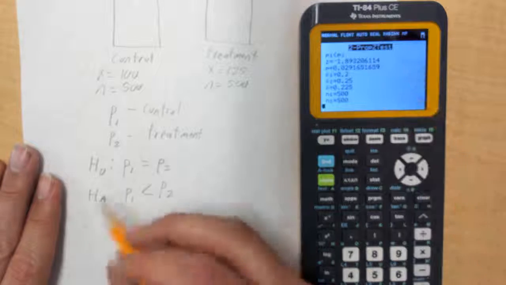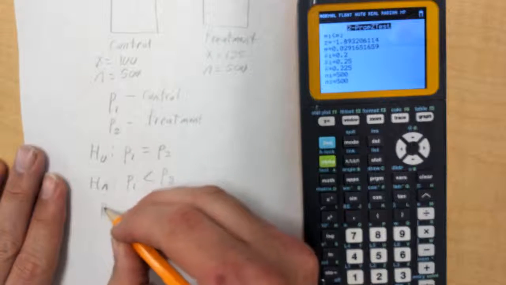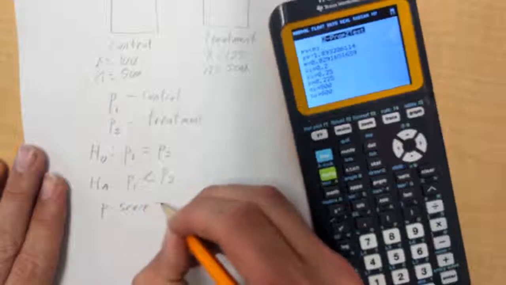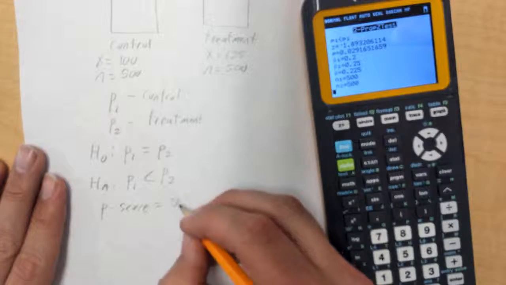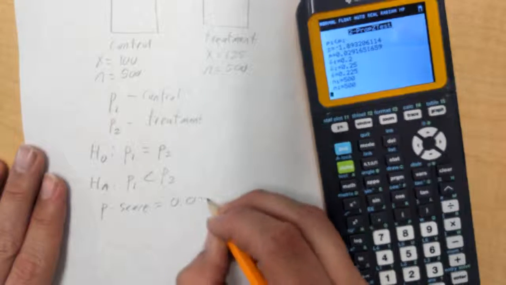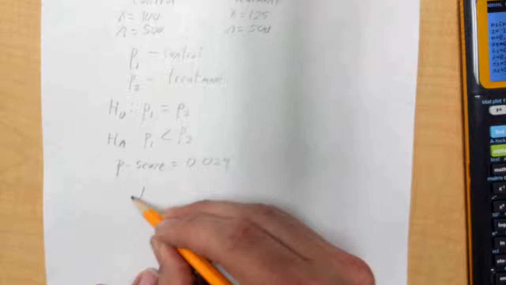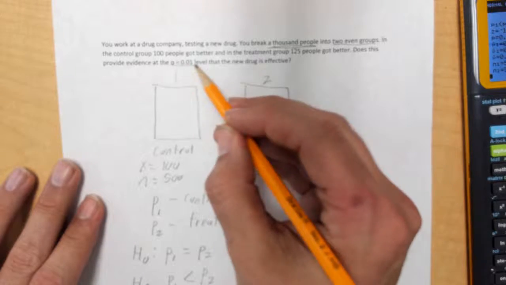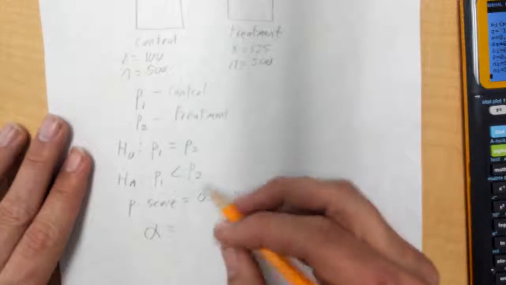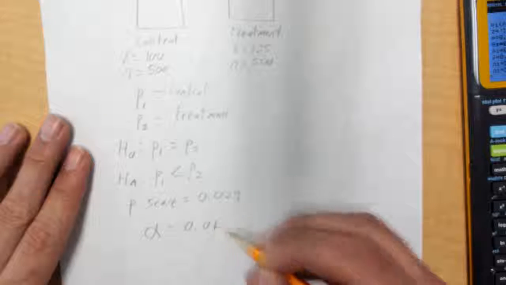So here's our results. Our p-score, or p-value, equals 0.029. Now we compare that to our alpha, and in this case alpha is given right there. So our alpha is 0.01.